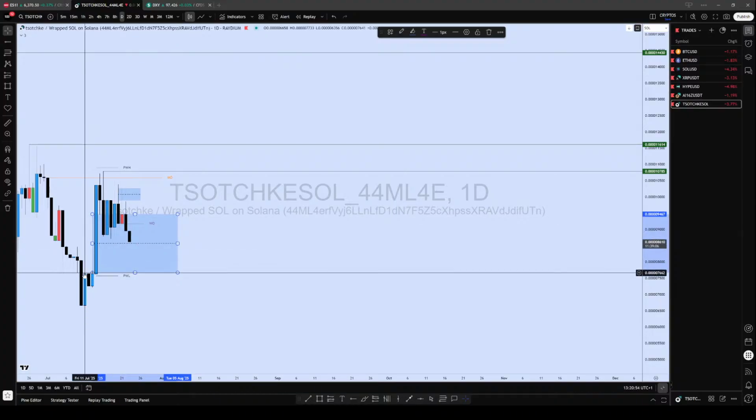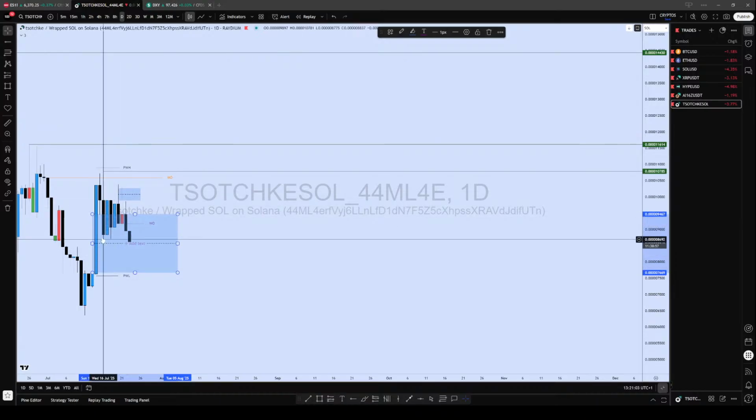If we close below this fair value gap, that is when I'll change my mind from the upside to the downside. So as long as the gap is open, we are still to the upside. Okay, so that is that for that key.